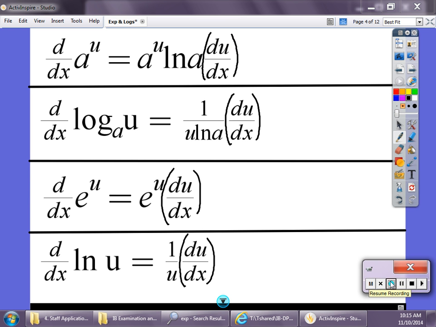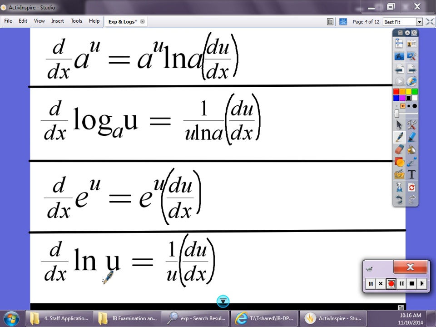If you look at this one, a to the u, that's an exponential. It has an exponent. A to the u, ln a, du dx. This one as well, e to the u, is also exponential. Look at this: a to the u, a to the u; e to the u, e to the u. They both repeat, but this one up here also has ln a. Now look at this one. This is a logarithmic, and this is also a logarithmic down here.